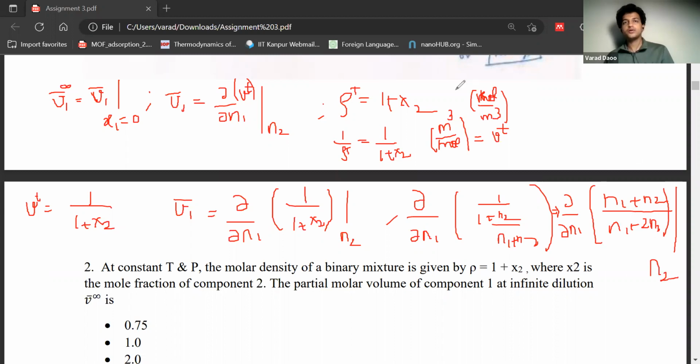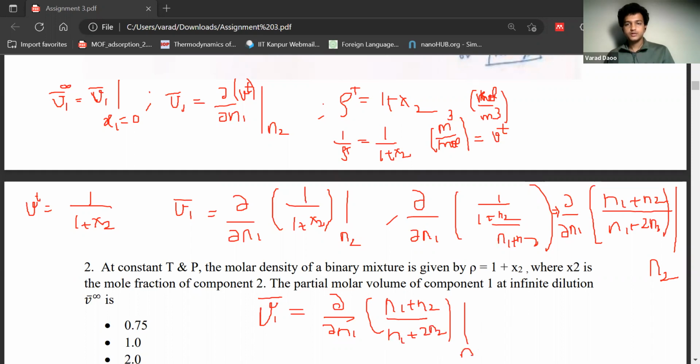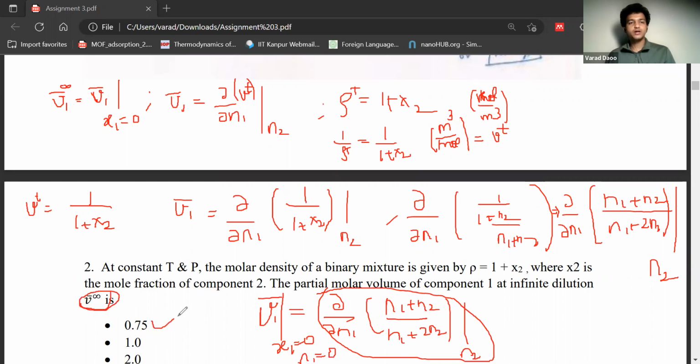If you are able to differentiate it, then you will get V1 bar. So V1 bar is dou by dou N1 of N1 plus N2 divided by N1 plus 2 times N2 at constant N2, right? Once you differentiate this expression and put x1 equal to 0, or n1 equal to 0, we'll get the expression for V1 infinity, and the value will come out to be 0.75.